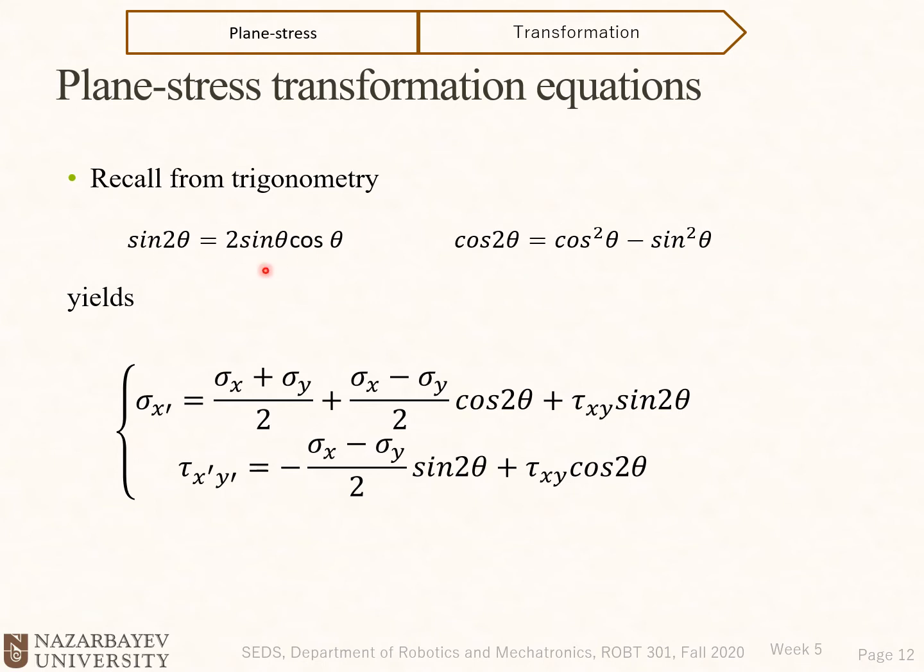So if we use these equations in the previous equations, then we could simplify the sigma x prime and tau x prime y prime functions, and we could yield these equations. I'm going to leave it to you to find out how they managed to simplify those equations by these relations.